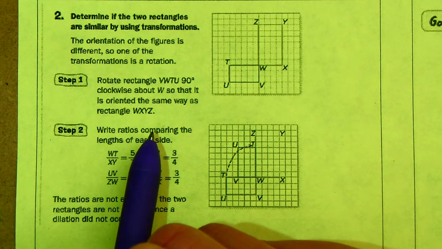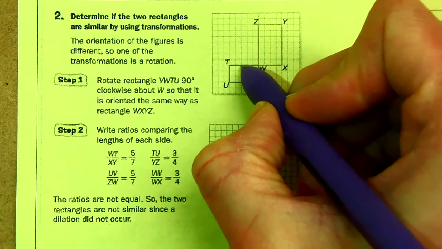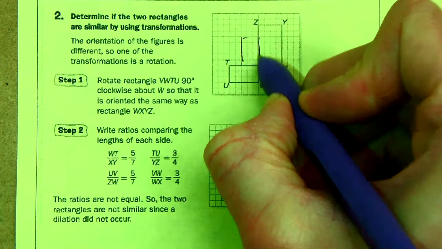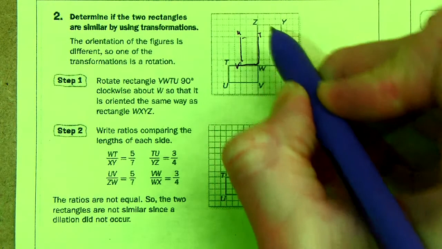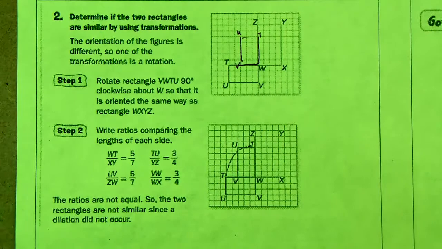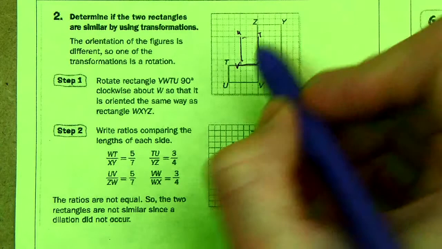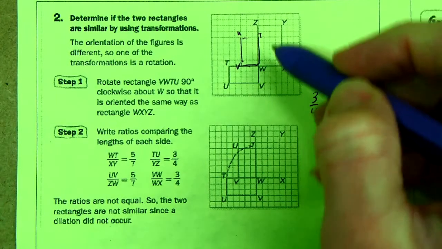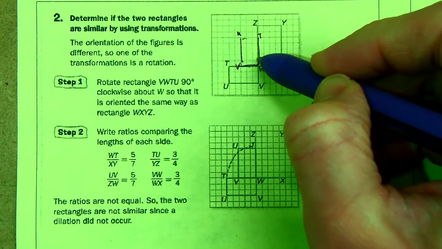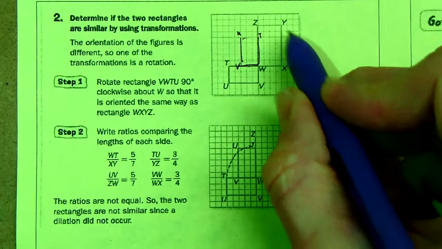Then V, U, and T, and then they check the sides, which is 3 to 4, so 3 over 4, and then this was 5 over 7, counting 1, 2, 3, 4, 5 over 1, 2, 3, 4, 5, 6, 7. We have to determine if they're the same.